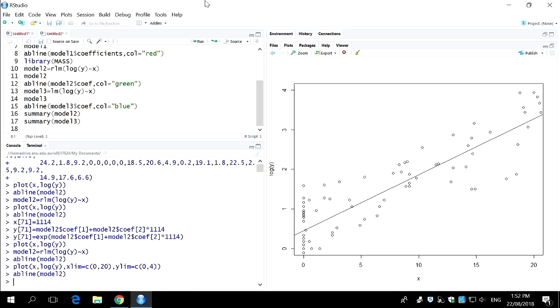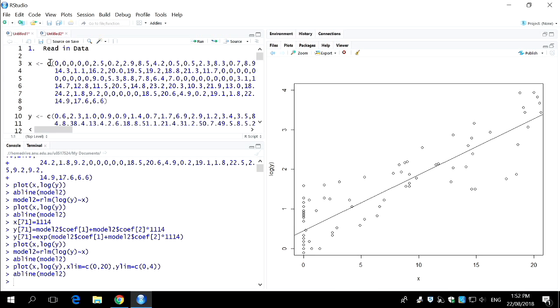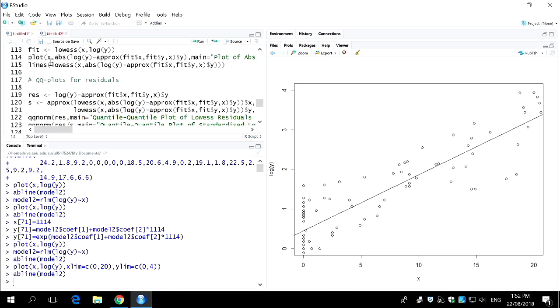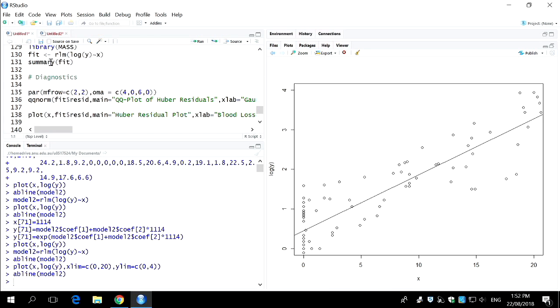Now, the last thing to talk about in this particular chapter, and we'll do a tiny bit today and then we'll pick it up on Monday, is what are called diagnostics. Diagnostics are really all about the question of, I fit a model and now I want to know, are the assumptions that I made in order to fit that model credible?